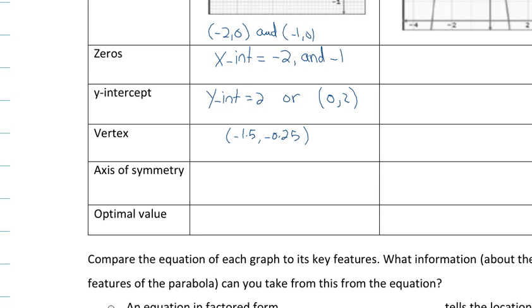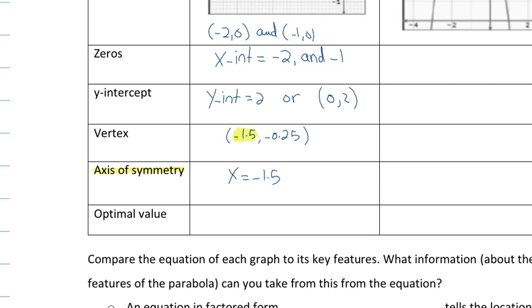Now, what's your axis of symmetry? Do I just write negative 1.5? I have to write x equals negative 1.5, right? Remember that this part of the vertex, the x value of the vertex, represents your axis of symmetry.